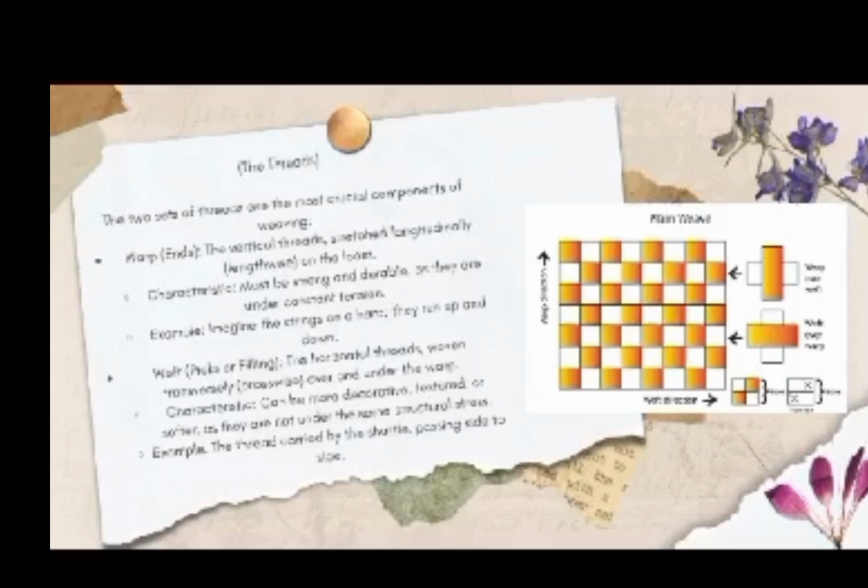Warp or ends threads are stretched longitudinally, lengthwise, and must be strong and durable. Weft or filling threads are woven transversely, or crosswise, over and under, and can be more decorative, softer, or textured.